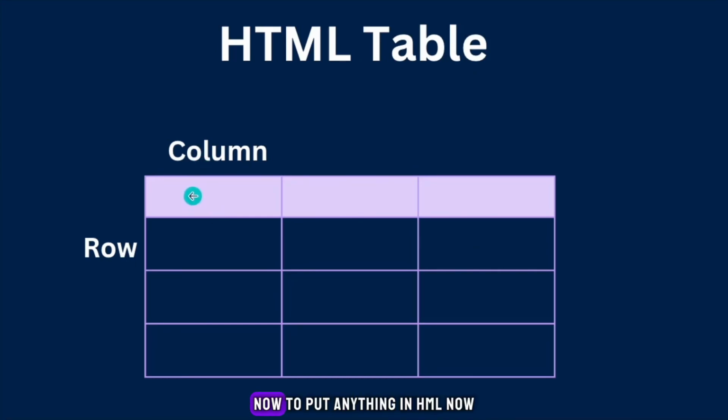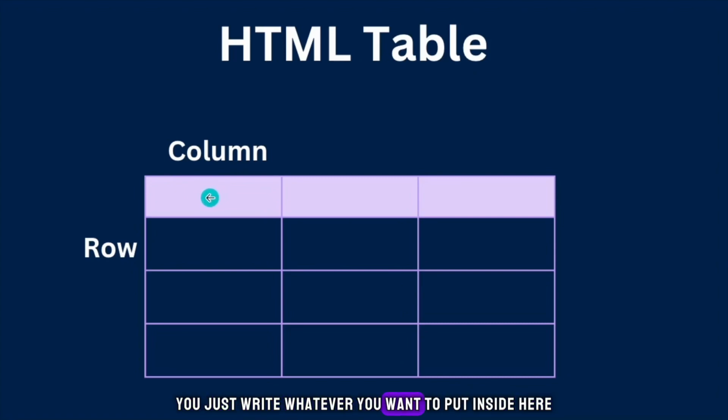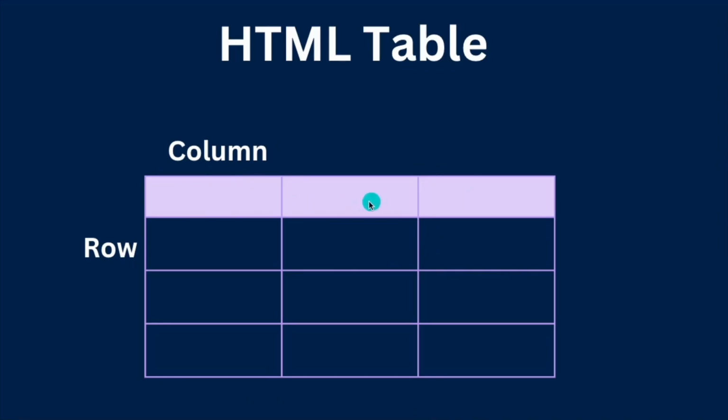On a normal Excel, if you want to put something inside, you just write it. I assume this is the head of the table, so maybe the name of student is going to be here. That is why I highlighted this part. There can be any data here and here. Let's go back to our VS Code and see how we can create something like that.